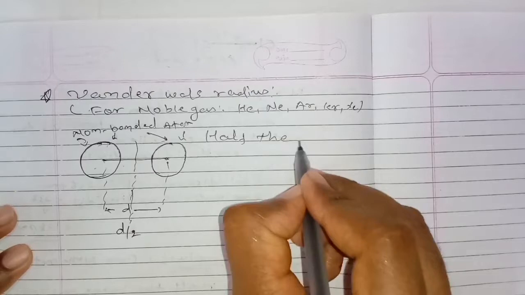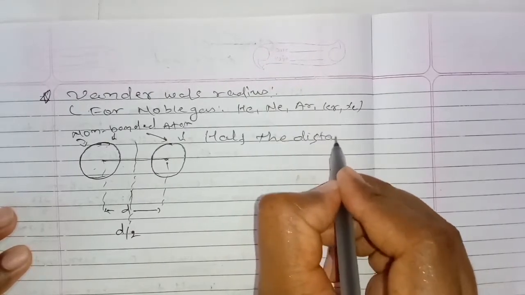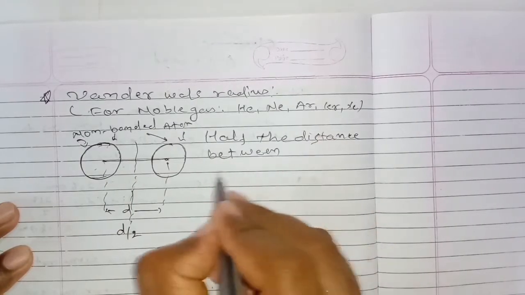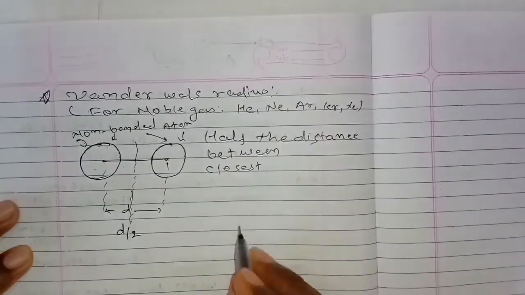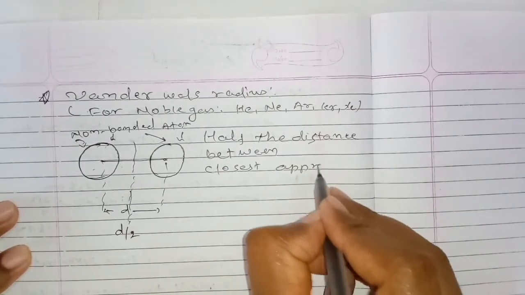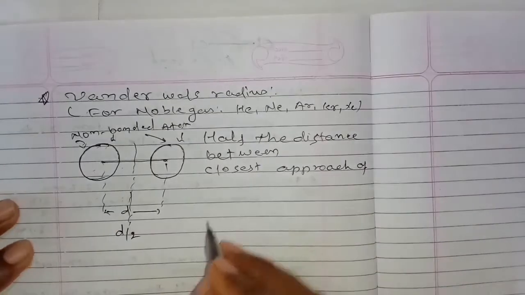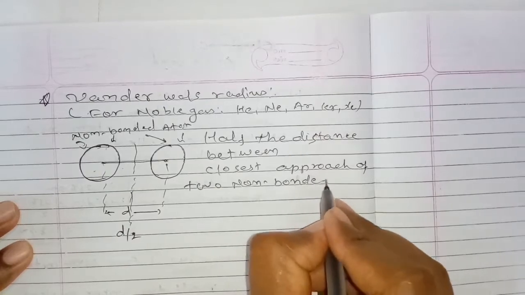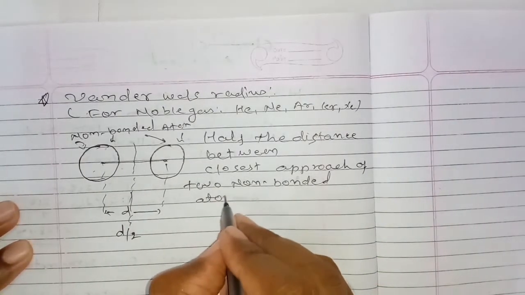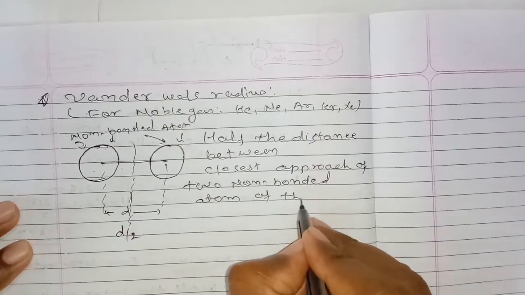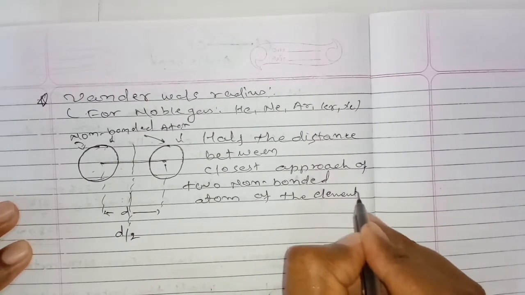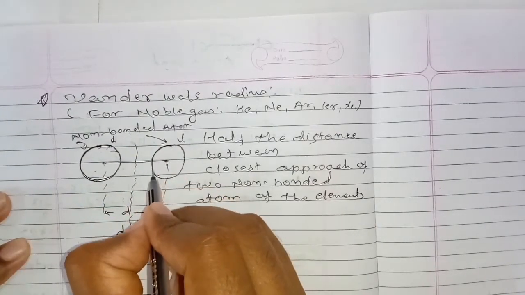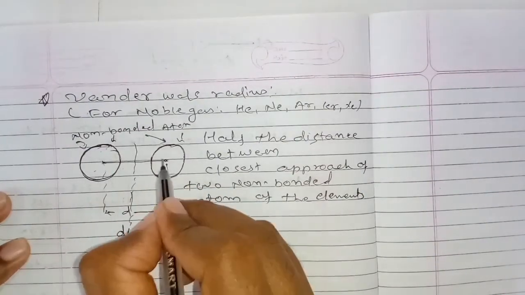Half the distance between the closest approach of two non-bonded atoms of the element. That means they are not covalently bonded by sharing of electrons.